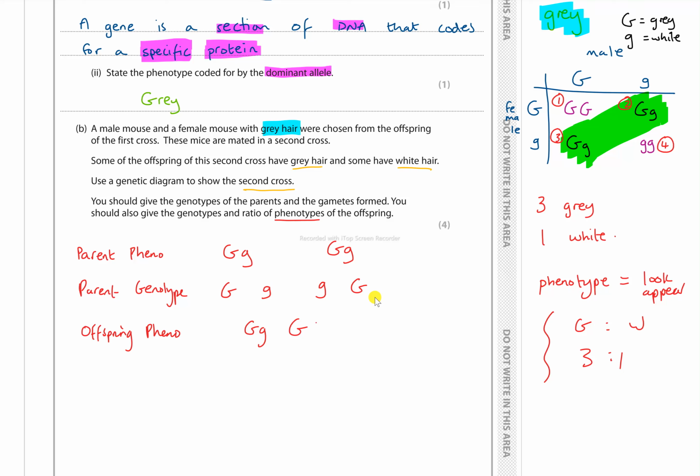You can end up with either GG, a GG, there's 2 of them, and then there's a GG. At the end of the day, you're going to end up with these 3 as grey, and this is as white. So it'll be in the ratio of 3 to 1. So the offspring, you'll have 3 grey and 1 white.